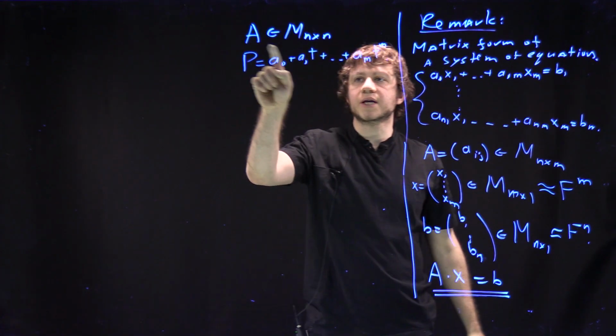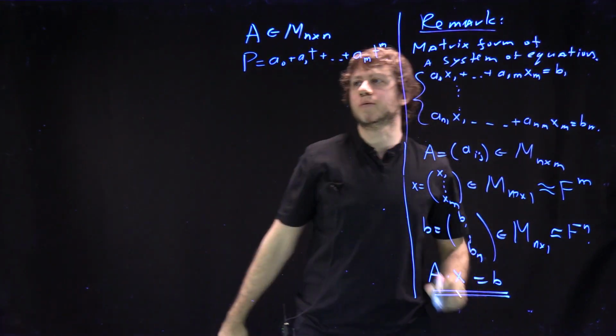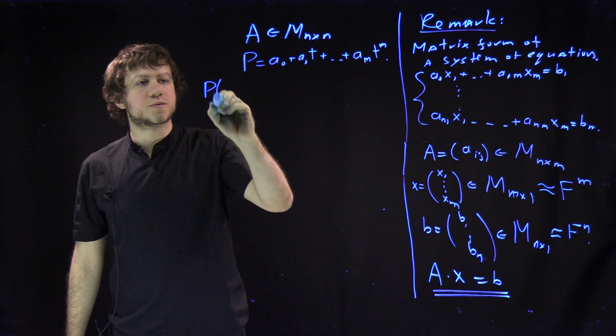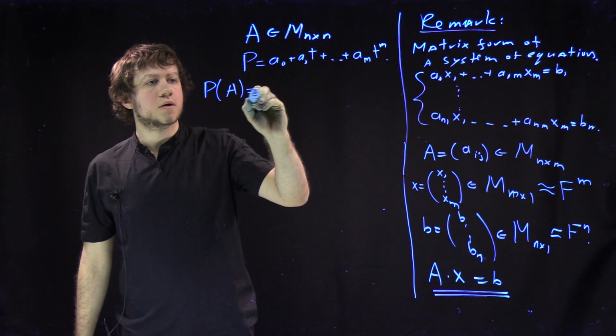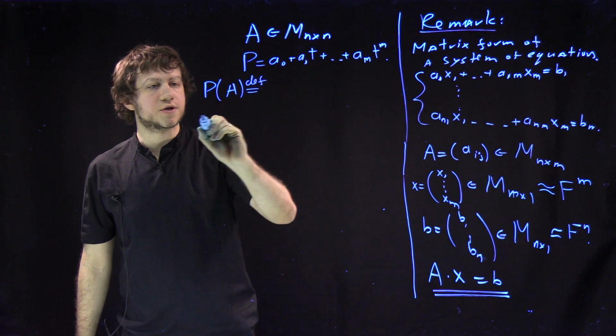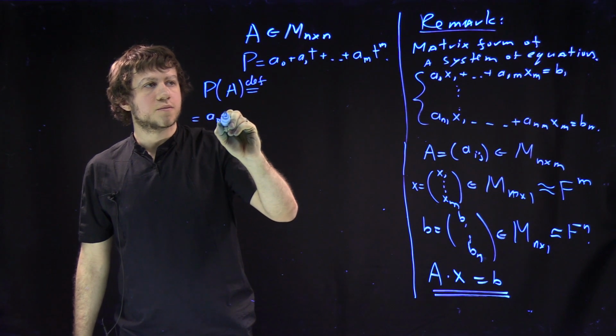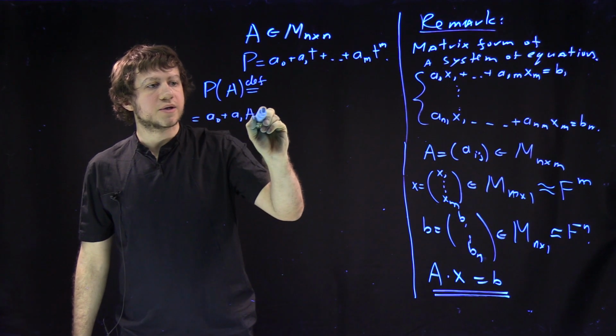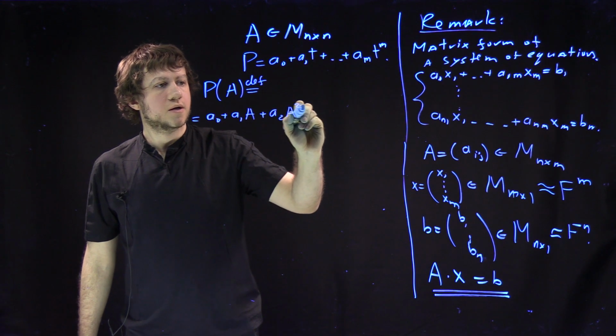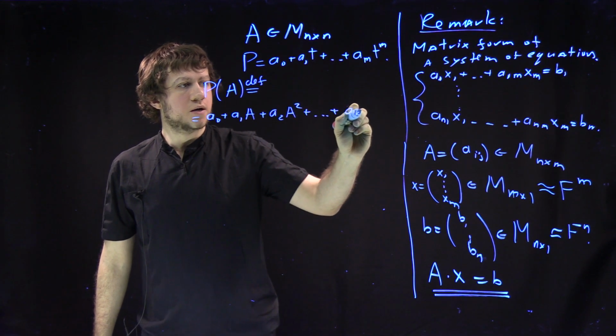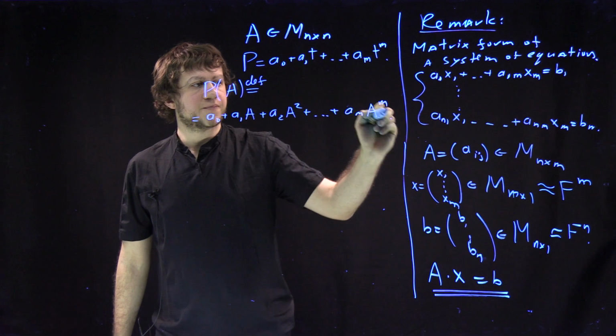Notice that if you have a matrix A, you can just plug it inside the polynomial. So p(A) is by definition, not some theorem, just a definition, a0 + a1 A + a2 A squared up to am A to the power m.